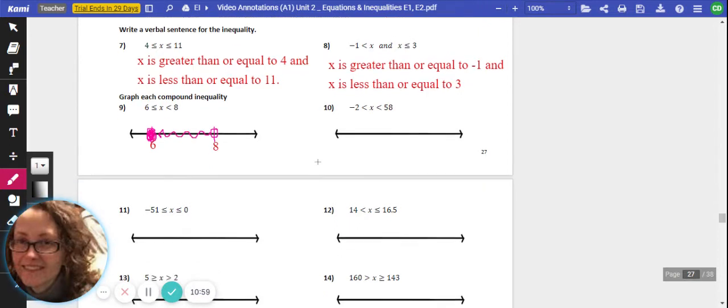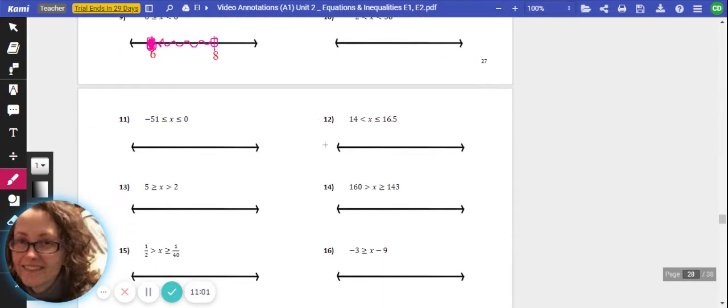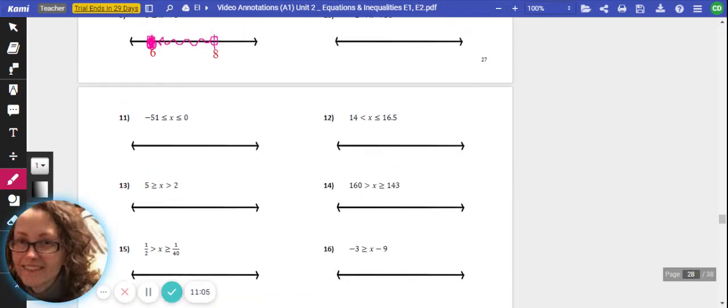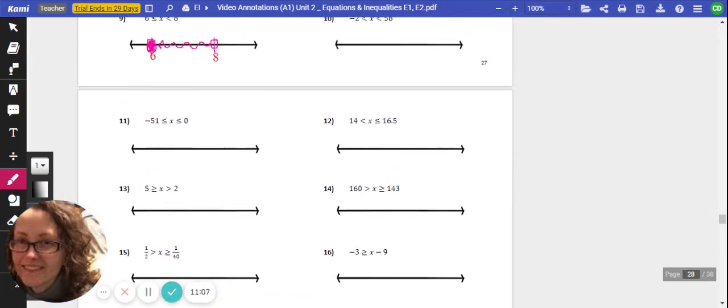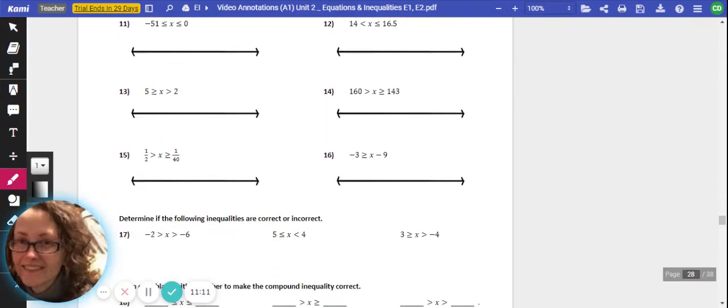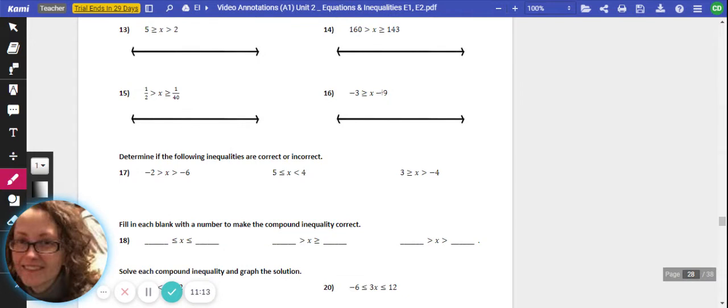I want you to go ahead and try these next few all on your own. I am going to go over these in our Google Meet to give us some problems to work with while we are together. Let's go ahead and look at number 16 though.